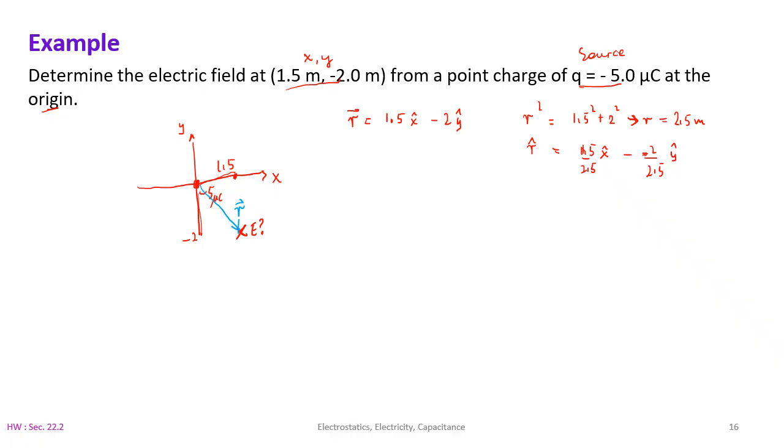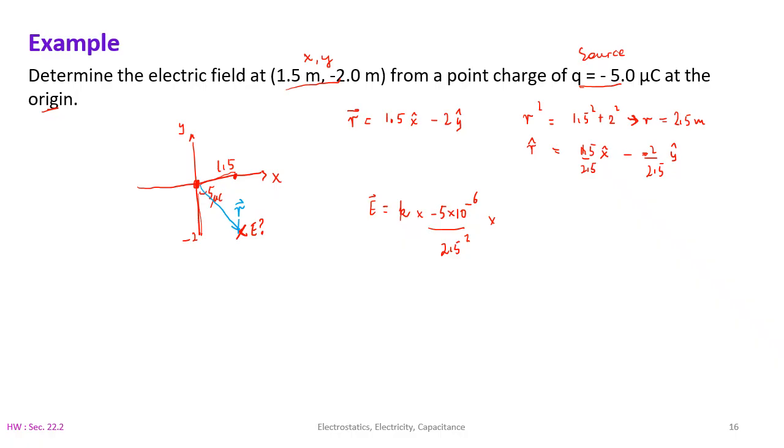Okay, so now let's find out the electric field. It's going to be K times the source charge, -5 microcoulombs, divided by R squared, which is 2.5 squared, times R hat.